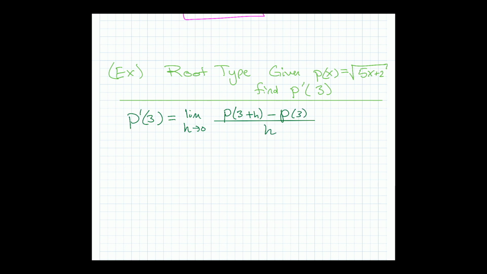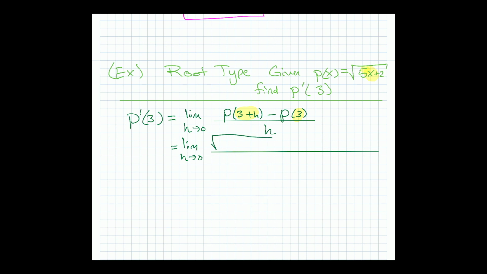Right? So we're just writing out the definition of the derivative. Then we need to plug these numbers into this function for x, which is going to be a little awkward, not too bad. I'll give myself room. We plug a 3 plus h in there.